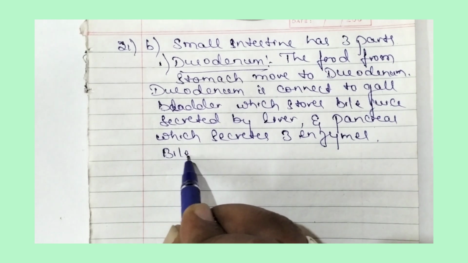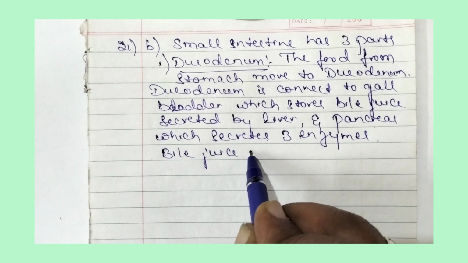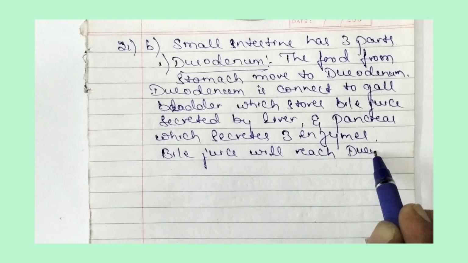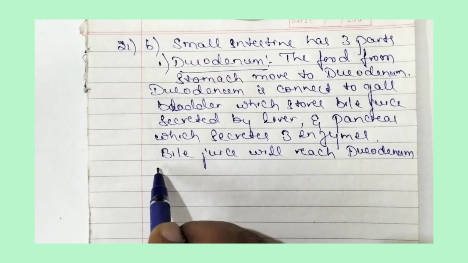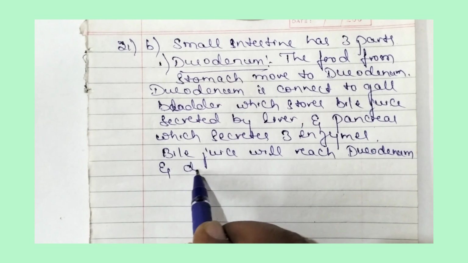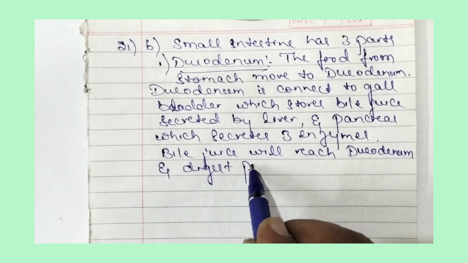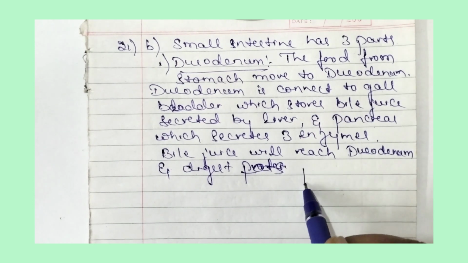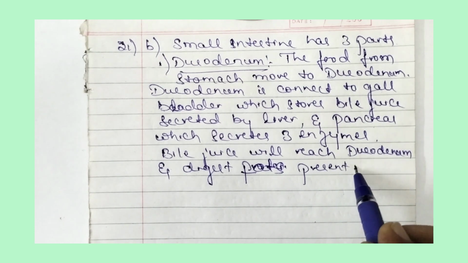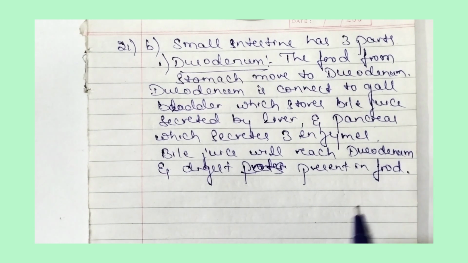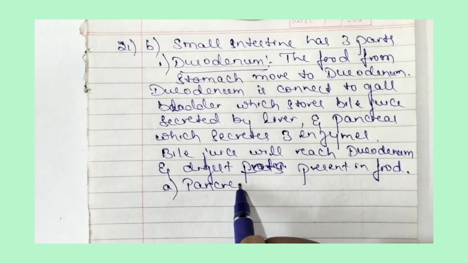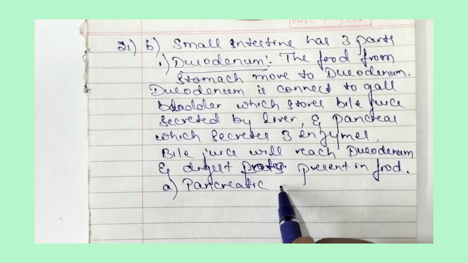So now bile juice will reach the duodenum and digest fats present in food. Then the pancreas will secrete three enzymes.